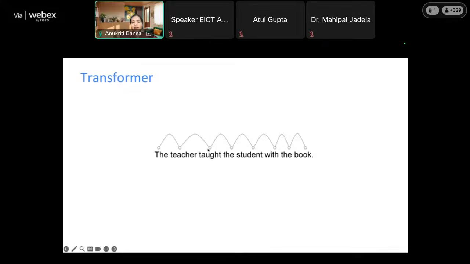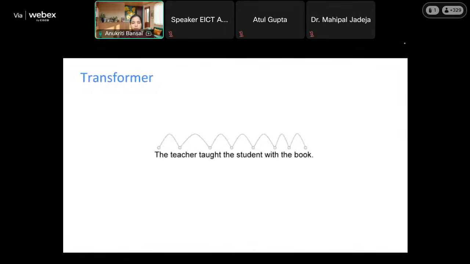For "taught", it will understand the relationship with its neighboring words, that is "teacher" and "the". For "student", it will check its neighboring words, "the" and "with". For "book", it will check its neighboring words, the full stop, and on the left side "the". So each word will check only its neighboring words. This is the case before transformers.